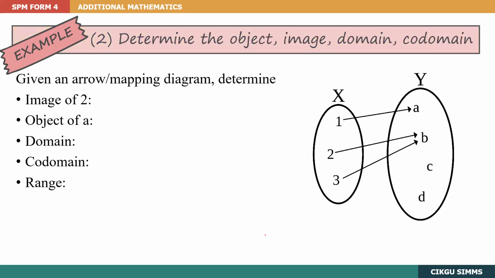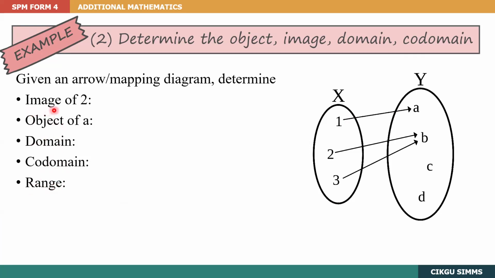All right, let's go to the first example. From the diagram, we need to know which one is the image, object, as well as the domain, codomain, and range.